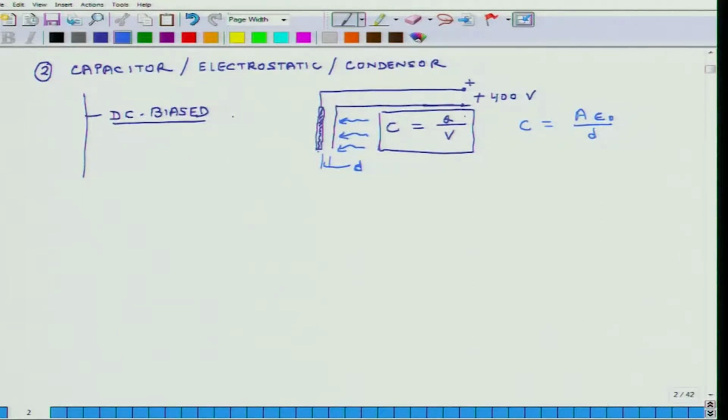So that's why this is known as the DC biased type of capacitor microphone, or condenser microphone. This category works fairly well for low to somewhat moderate frequencies when we are trying to capture.